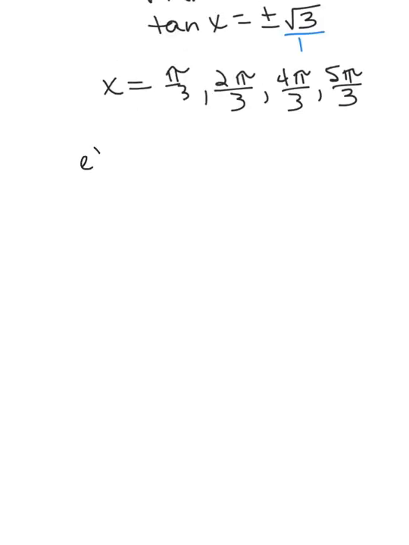On example E, we are being asked to solve the equation cotangent of x minus 1 times the quantity square root of 3 cotangent of x plus 1 equals 0. Let me go back to a basic algebra kind of problem that you would have done in the past.